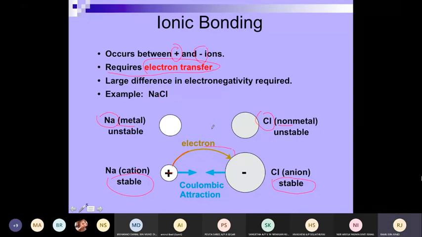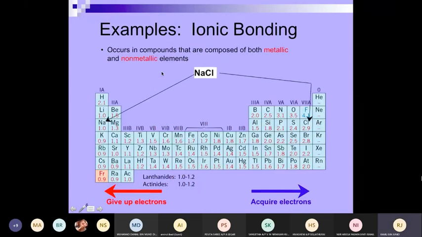So it will make this element and this element combine, becoming sodium chloride. So this is an example of ionic bonding. Typically it involves metallic and non-metallic elements.